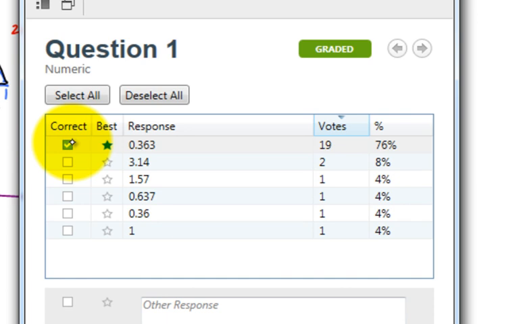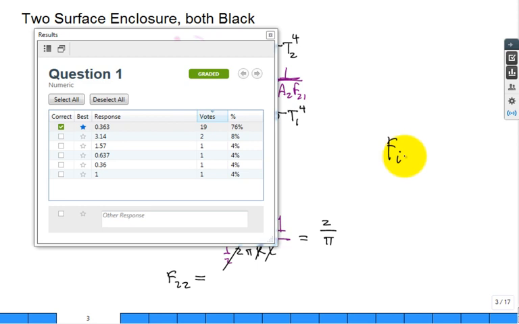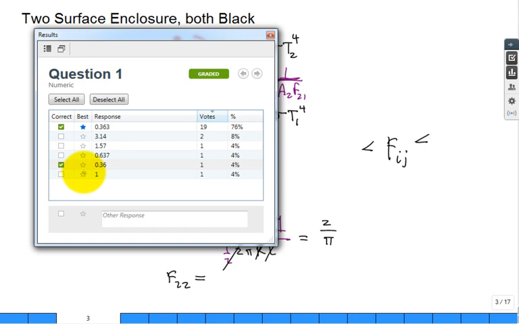One of the things, can any F i to j be greater than 1? Oh, well, there, fine. Make you happy. Can any view factor be greater than 1? No, so 2 of those are ruled out right away.